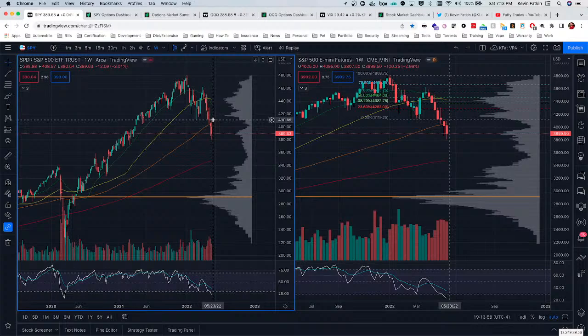Like if we start seeing XLK, which is tech, getting a little relief bounce with SPY and QQQ, do not be scared to maybe play some weekly calls on names like AMD or Nvidia or Amazon, Apple, Microsoft, things like that. They move with their sector, they move with SPY, they move with QQQ, and they're great ways to make extra money. And you don't necessarily have to day trade them.